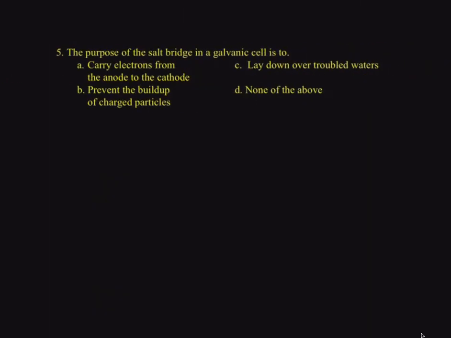The purpose of the salt bridge is to prevent the buildup of charged particles. As came up in an earlier question, you want the ions to be balanced, and similar to the ions present in the anode or the cathode, whatever the case may be.